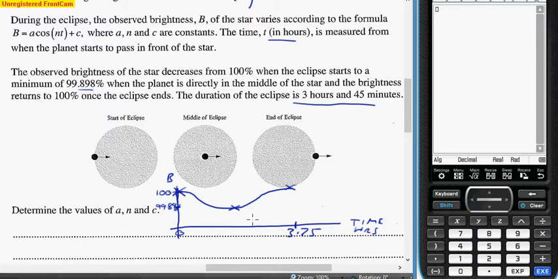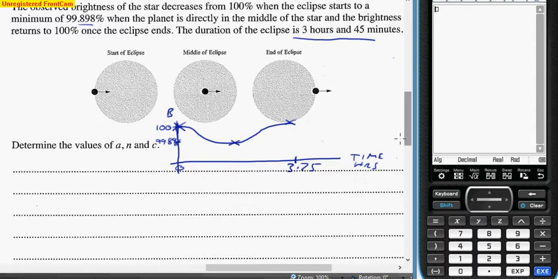Right, we just have to find the values for A, N and C. I will start with A, that is the amplitude. The amplitude is half of the maximum to minimum, so A is 100 minus 99.898, all divided by 2, because remember you only measure from the middle line, which I'll mark in a different colour.